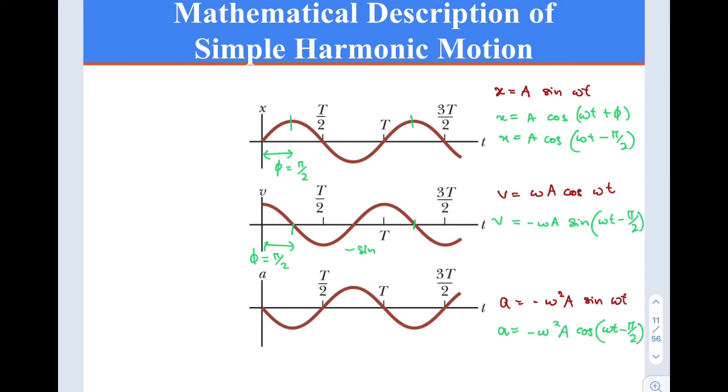Why is it negative cos? Here to here, it's negative cos. This one is positive cos. This is negative cos. And also delayed by phi, pi over 2, that is why it's minus.